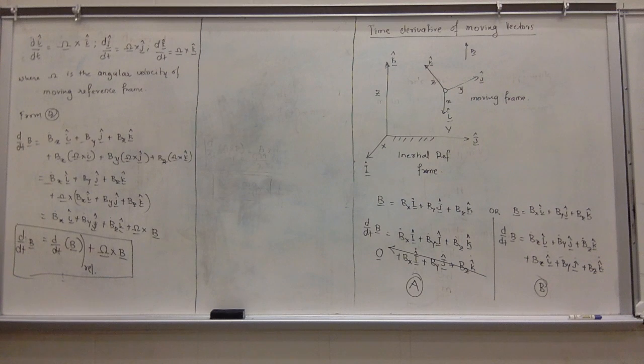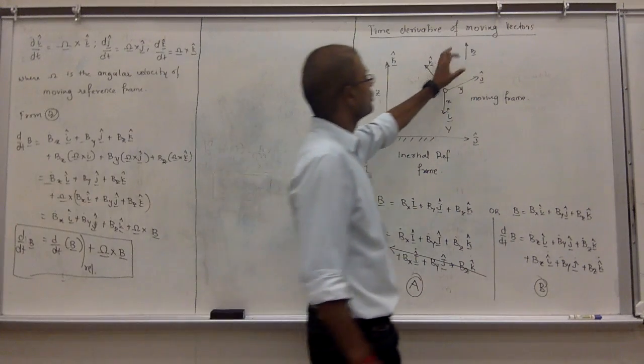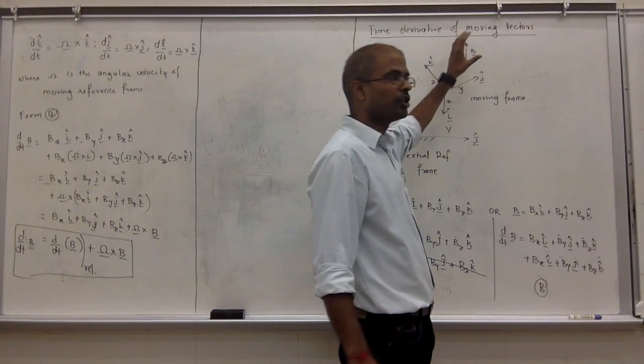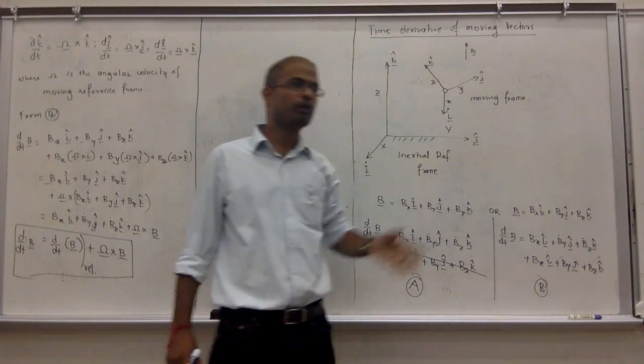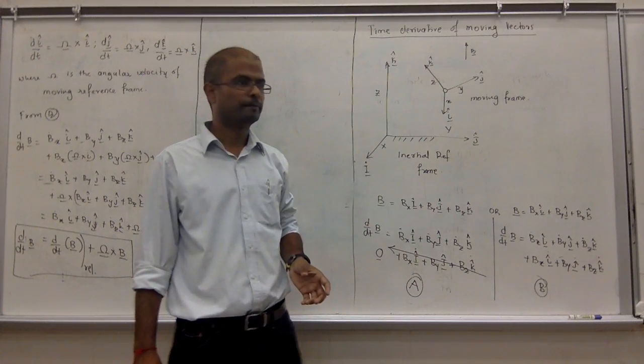So this is for any vector B. You account for the relative change in that vector, plus this accounts for the change in the reference frame itself. So think about this as B changing locally, or you moving locally in an airplane.